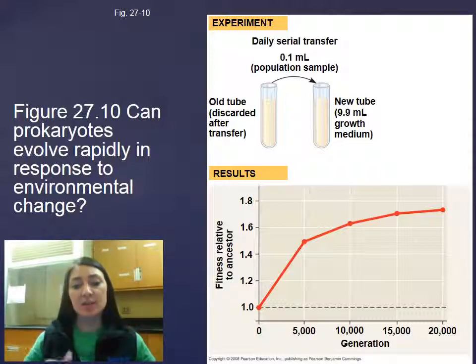And what they saw was they were selecting for organisms that could live in an environment with little glucose. And they found that their fitness relative to the ancestor, the original strain, increased over time. So the population was evolving based on the environmental conditions that they laid out in the experiment.